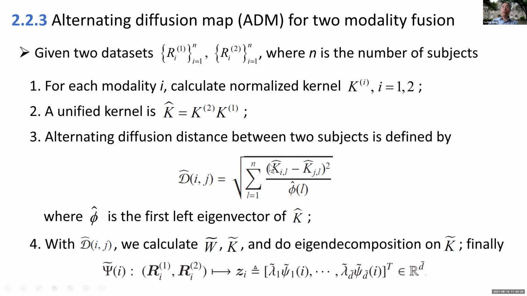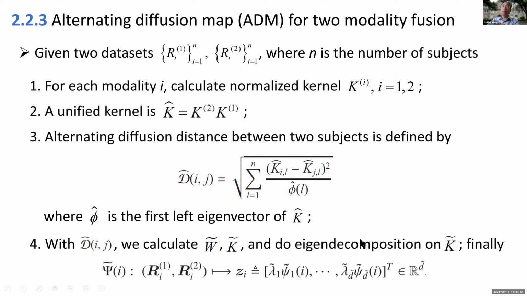With this diffusion distance between two modalities, we can compute the new kernel matrix W tilde to reflect the connections between different subjects, and also the normalized K tilde matrix, followed by eigen decomposition.